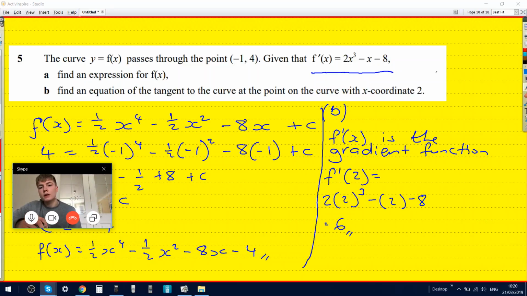The equation, is it going to be y equals mx plus c? It could be. An easy one might be y minus y1 equals m(x minus x1). I can never commit that to memory, I don't know why.